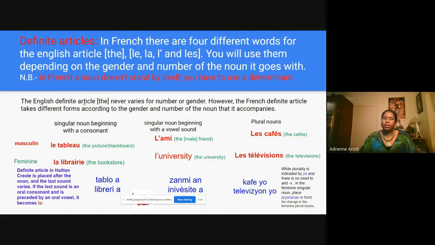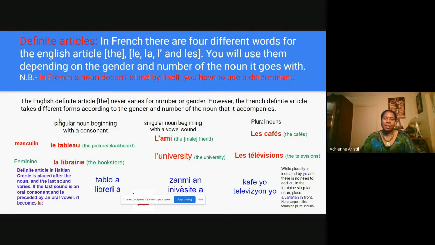The English definite article, which is the, never varies for number or gender. However, the French definite article takes different forms according to the gender and number of the noun that it accompanies.